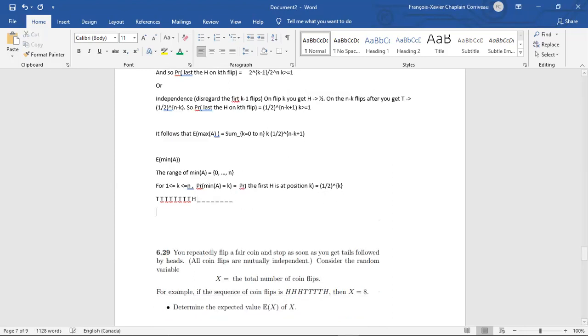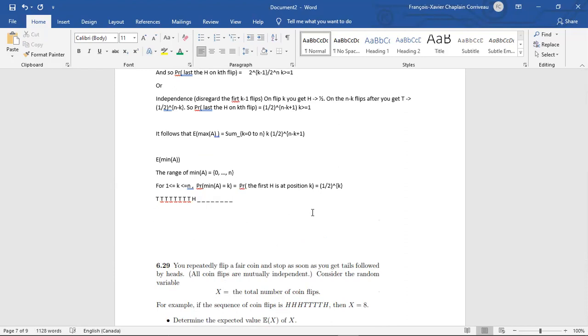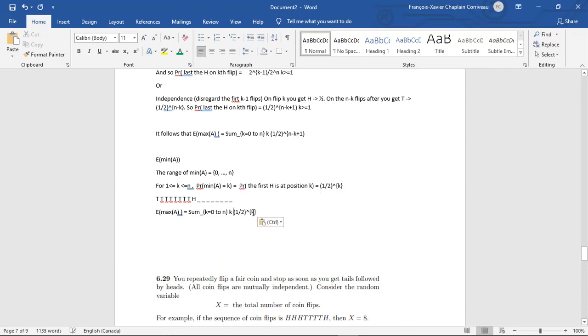Okay, now we can just, again, use this same summation. So here I'll copy this. This is k times this probability. All right, so now what do we do? Remember what we're trying to prove.